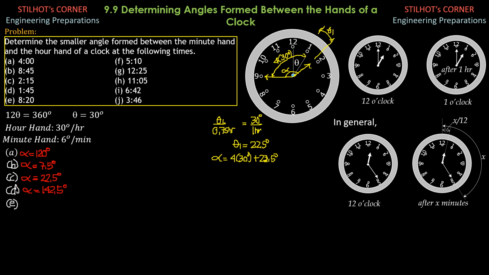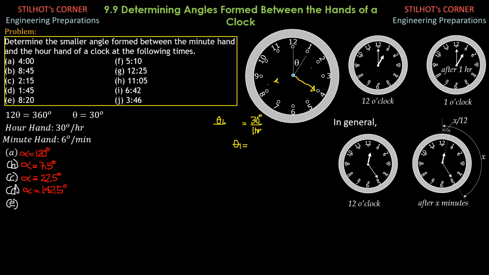So we then proceed to part E, and I'll erase this drawing, this theta 1 here, and this one. So next is 8:20. So the minute hand is pointing at the 4 mark. The hour hand is pointing beyond 8.